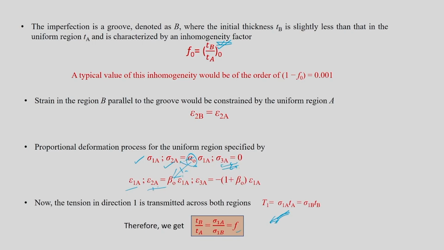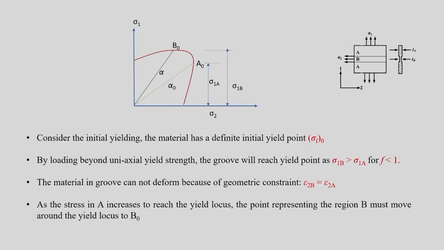The definition remains the same. You can see the relationship, where Tb is generally smaller than Ta, so accordingly sigma 1a and sigma 1b are related. Now deformation is happening with these constraints.